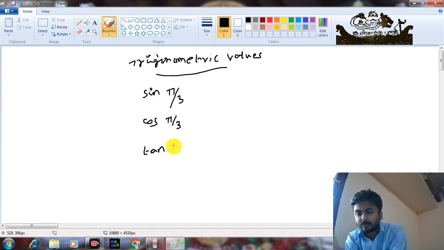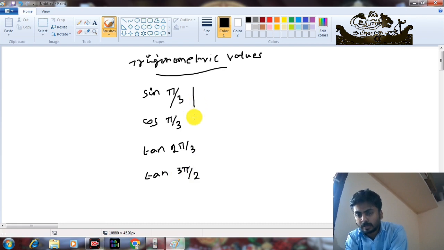For example, I am writing tan 2 pi divided by 3, and finally I am writing tan 3 pi divided by 2.